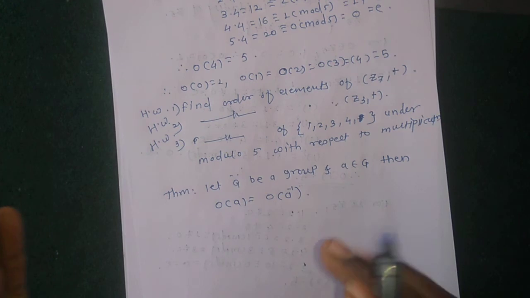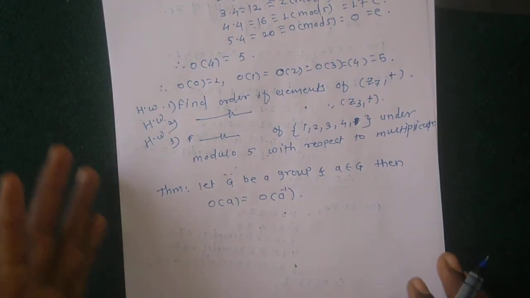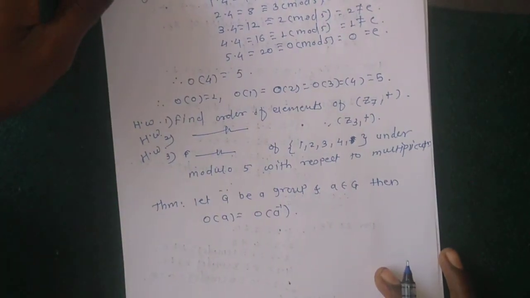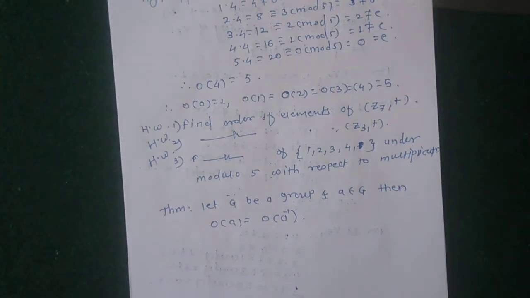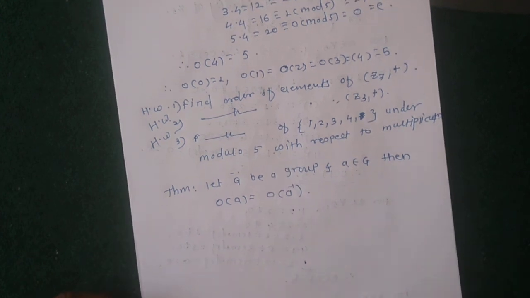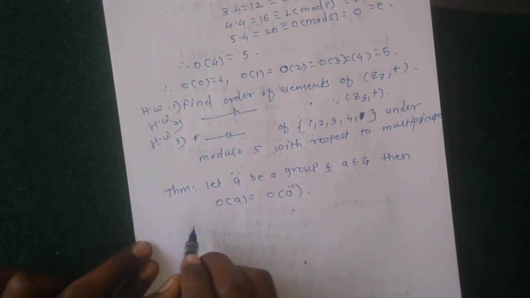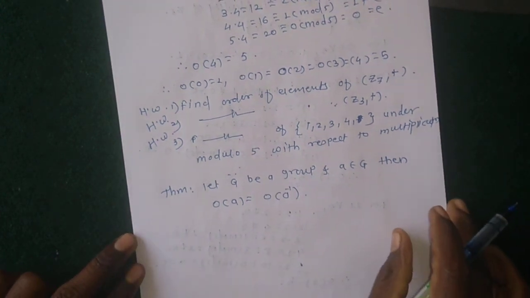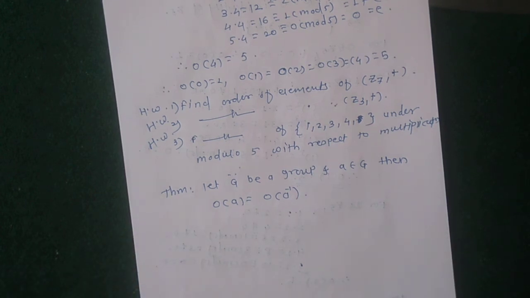Means here the theorem says that for any element A, the order of A and A inverse is the same. Here the theorem says that in any group G, the order of A and the order of A inverse is the same. How to prove this? This is an important theorem, and it is also asked in exams.